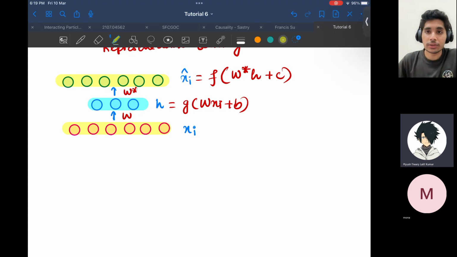Further, what is the good thing about these autoencoders?